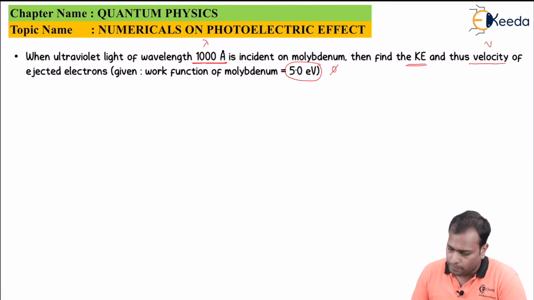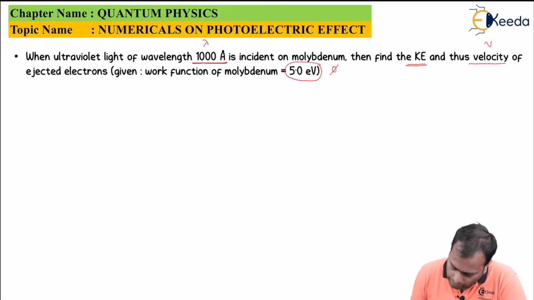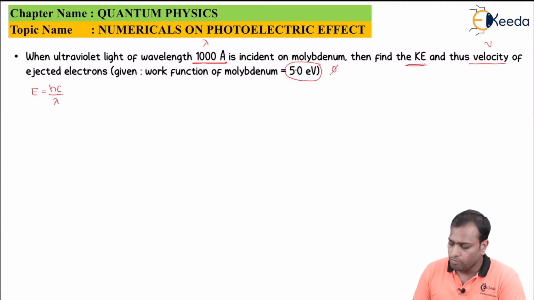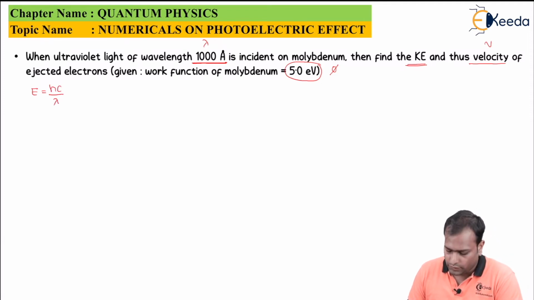Now, to begin with, we know the formula E equals hc by lambda. If you substitute the values of h, c and lambda, you will be getting energy in terms of joules. But then again you need to divide it by e to get the energy in terms of electron volt. So why not include the same in the formula here?